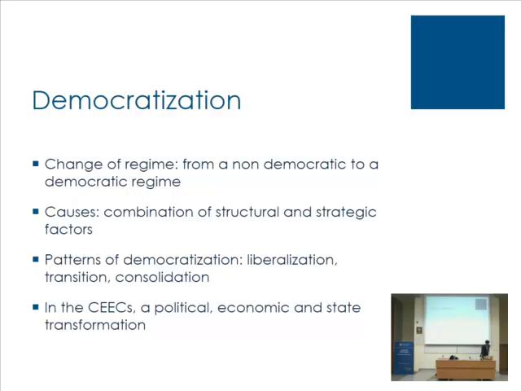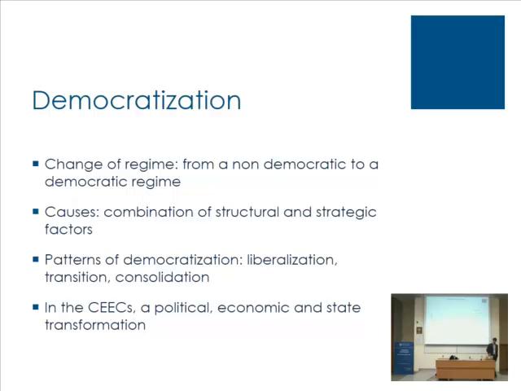And there are many ways to evaluate democratization and the state and quality of democracy. One way, for instance, is the tools provided by Freedom House. It's a very interesting, much discussed tool, but useful in some way.